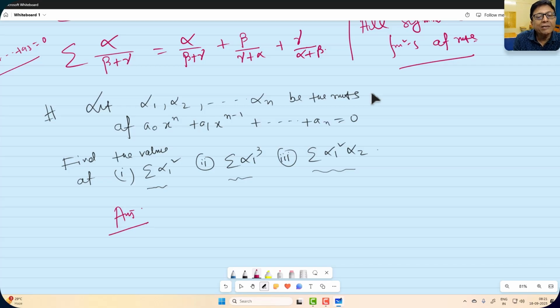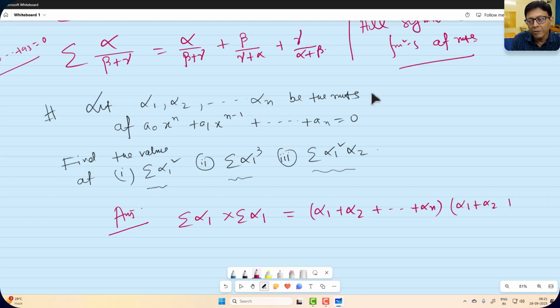For finding sigma alpha 1 square, we start with this. Sigma alpha 1 into sigma alpha 1. What is it going to be? Alpha 1, alpha 2, alpha n into alpha 1, alpha 2, alpha n, isn't it? Why have I taken this product?